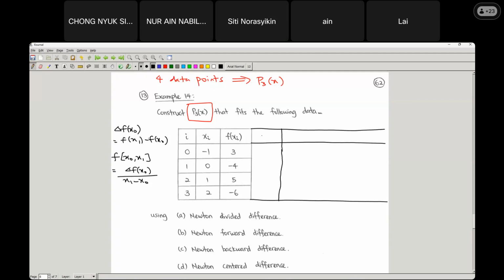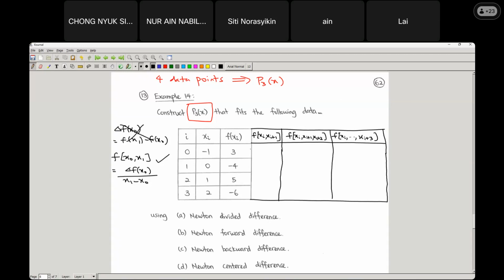I think I have to do this one, it is better. So the next one is our f[xi+1, xi+2]. And the last one here, we have f[xi, ..., xi+3]. Okay.